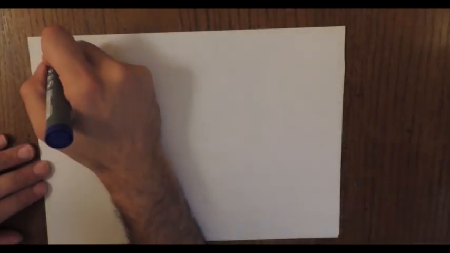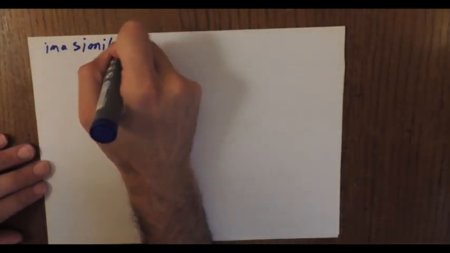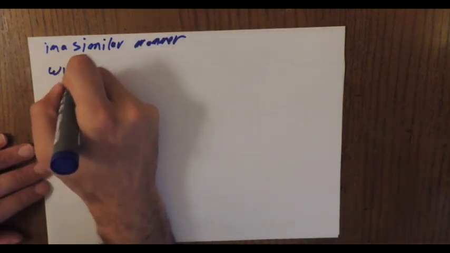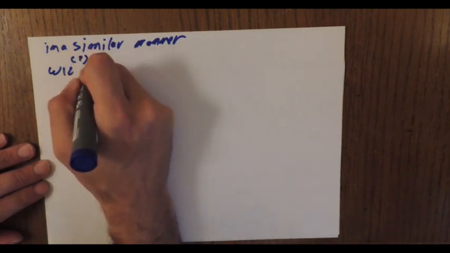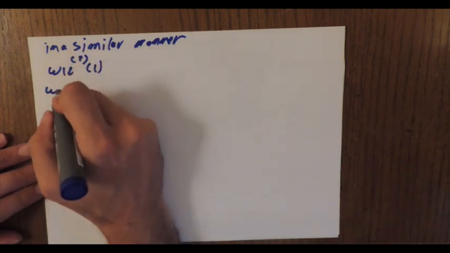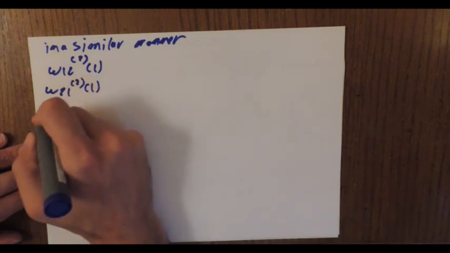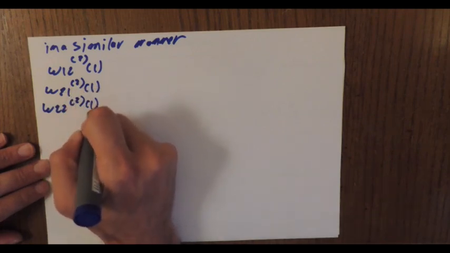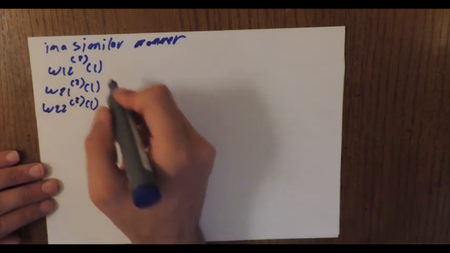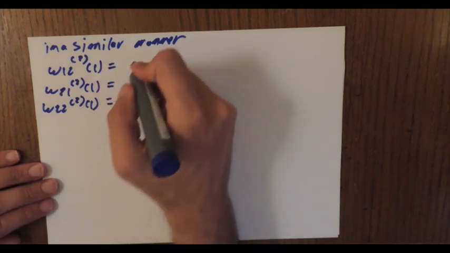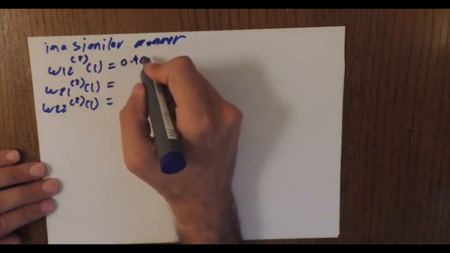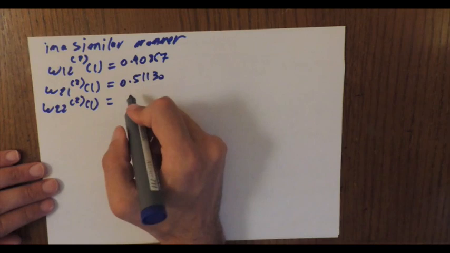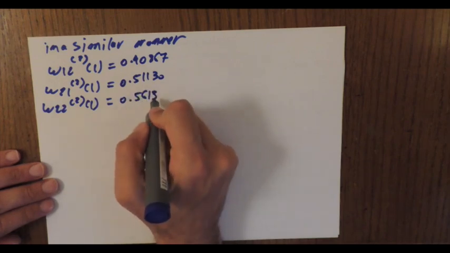In a similar manner, we need to calculate the weight update for w12 of 2 of 1, w21 of 2 of 1, and w22 of 2 of 1. For these, you can work out the values yourself. They are 0.40867, 0.51130, and 0.5613.